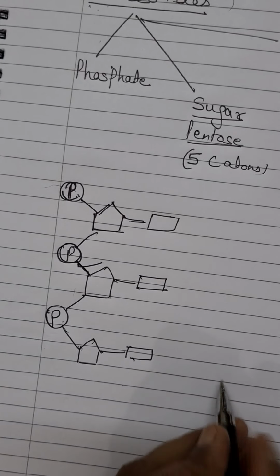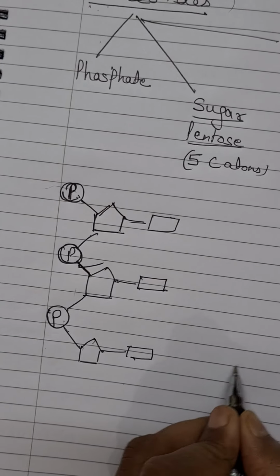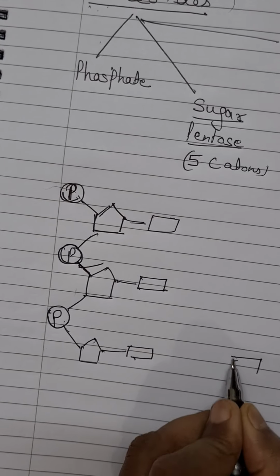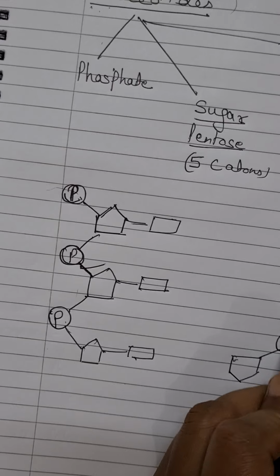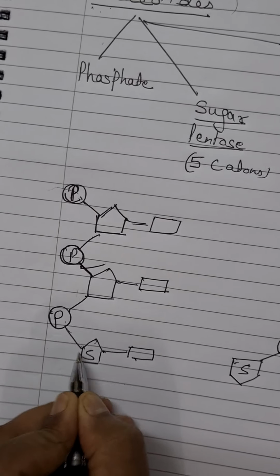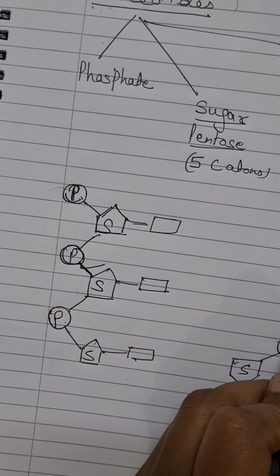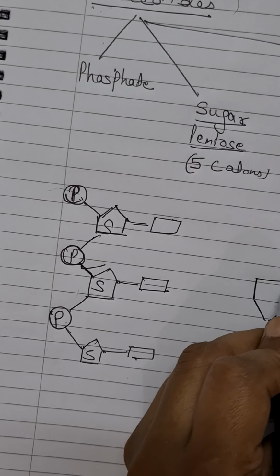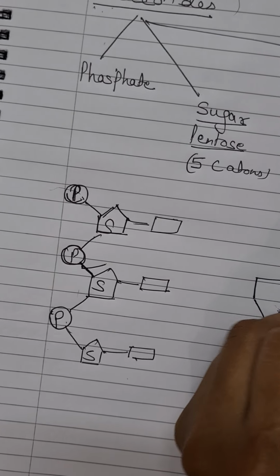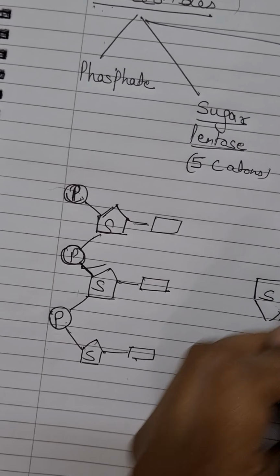In the same way, another strand also: pentose sugar, then phosphate. This is sugar. Then again pentose sugar, phosphate.